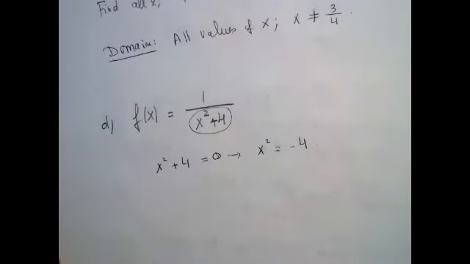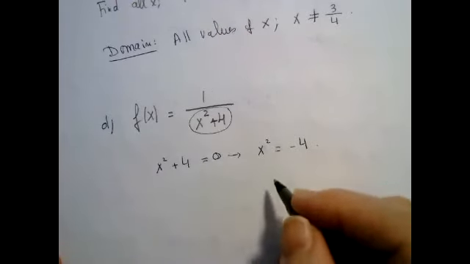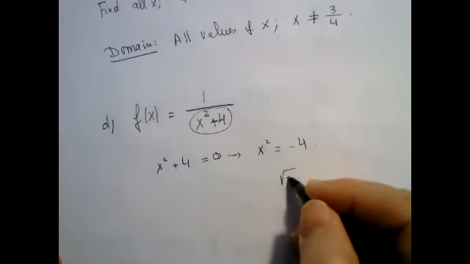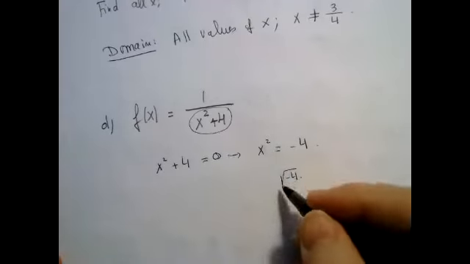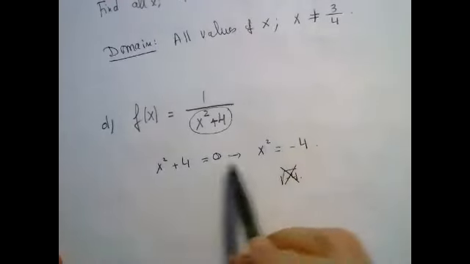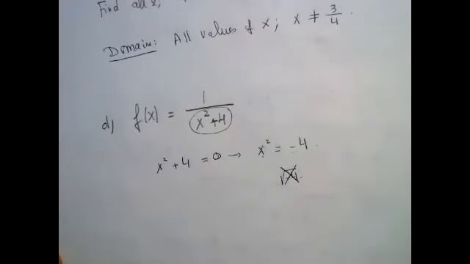And then? And then you get -4. And then would you square root the -4? No, that's the issue. Does the square root of -4 make sense? No, because you can't square root a negative number. Right. So, can you find an x such that x squared equals -4? -2.